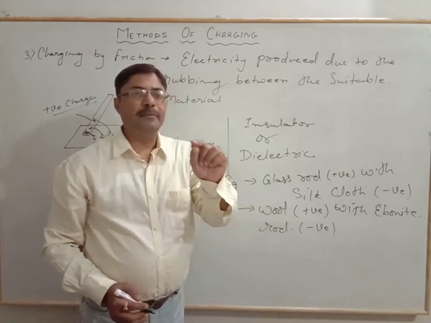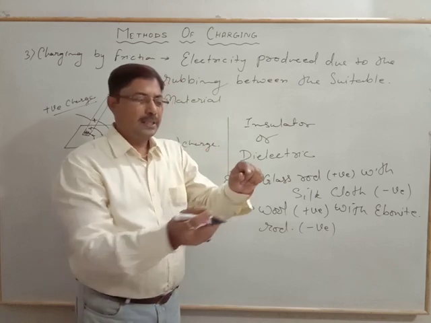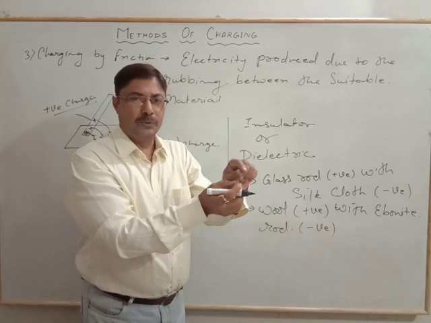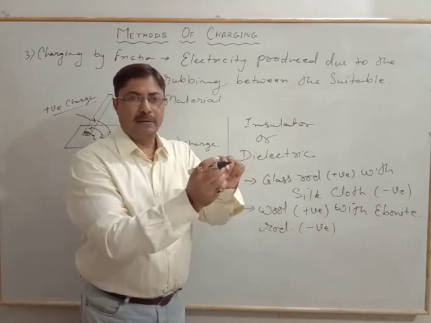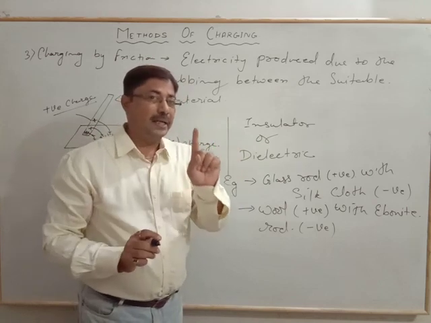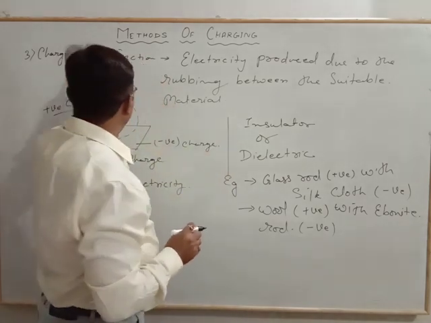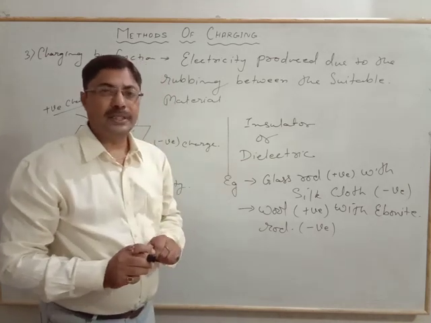Whenever that comb comes in contact with torn pieces of paper, the paper gets attracted. That shows there is charge produced on the plastic comb which attracts the paper. So plastic is an insulator. As I wrote here, charging by friction occurs in the case of insulators and dielectrics.